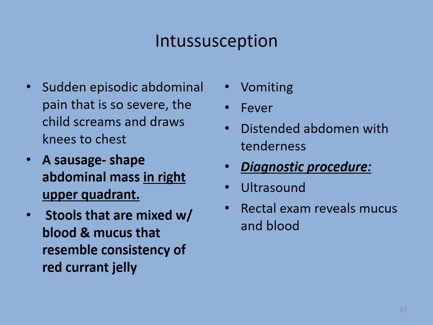The stools for these kids will be mixed with blood and mucus, and some places call it red currant jelly. So if you remember telescoping, severe abdominal pain, right upper quadrant, a sausage-shaped mass, along with red currant jelly stools, you'll remember that it's intussusception.